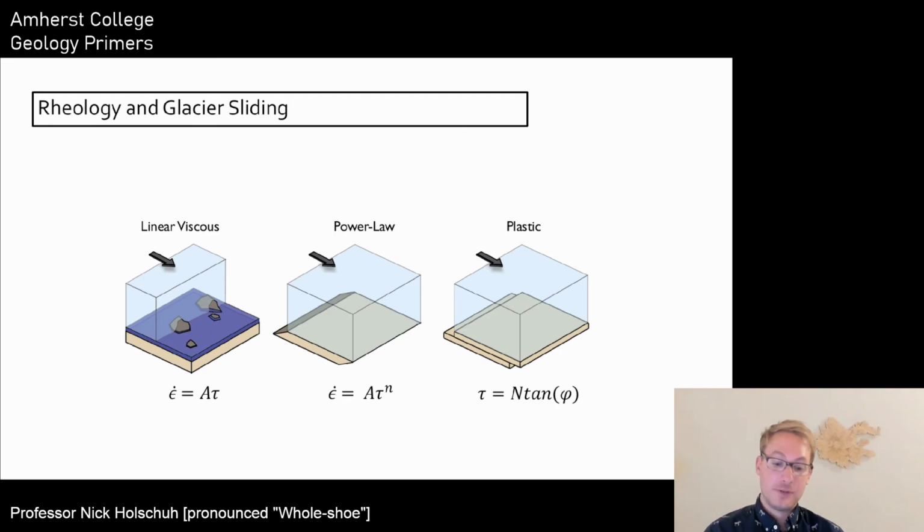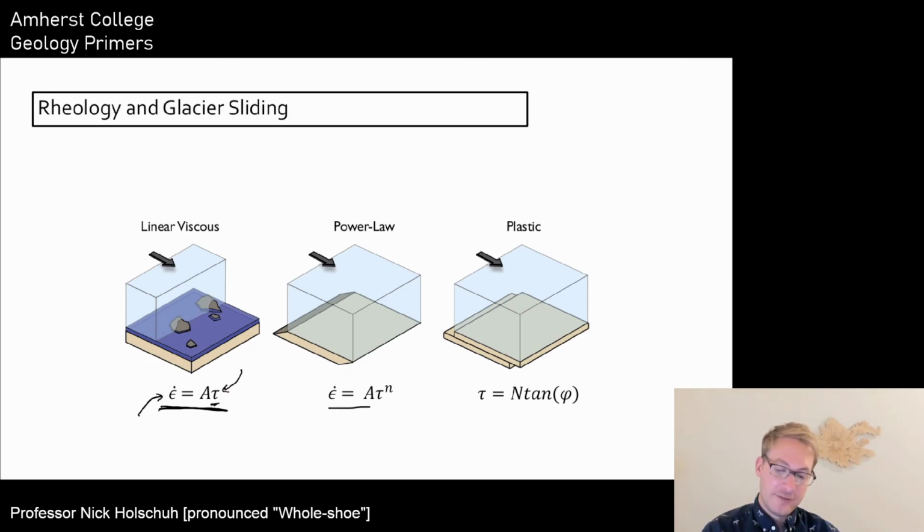Within glacier problems, we have a couple of different styles of viscous behavior. We have something called linear viscous behavior, which is to say that the strain rate is proportional to the stress. In this case, tau refers to a shear stress. Sometimes we call these Newtonian fluids, where the viscosity relates the stress and the strain rate.